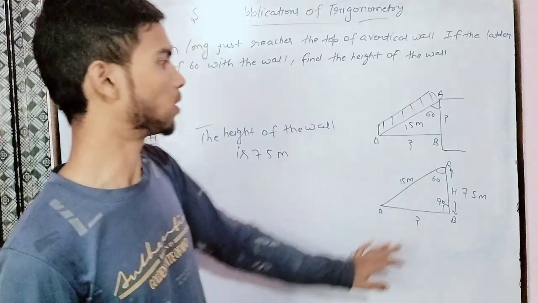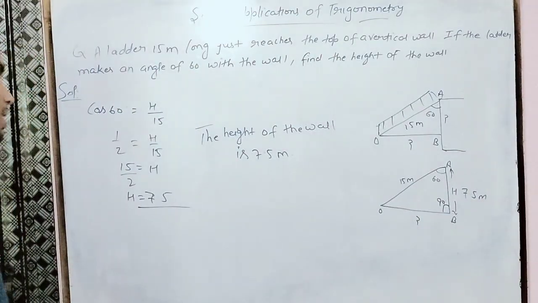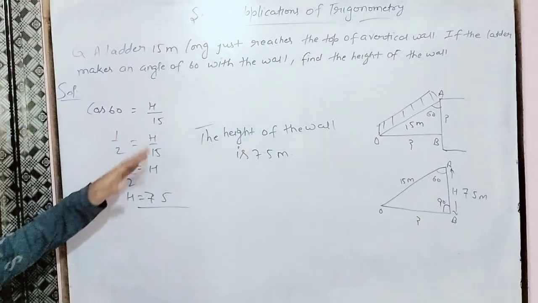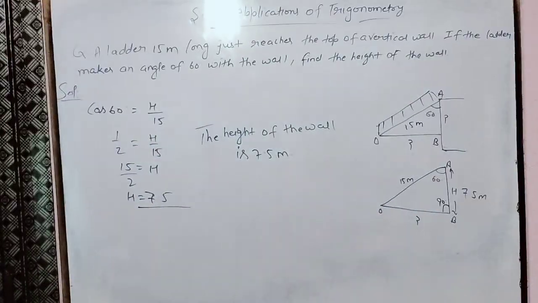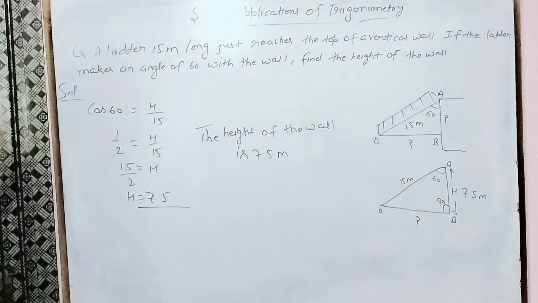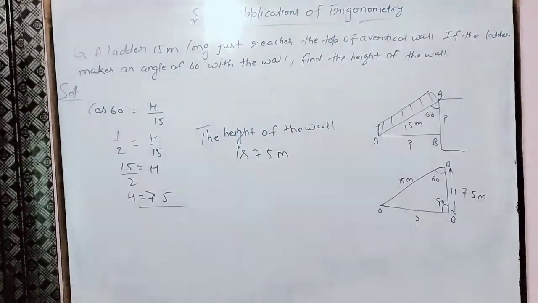Even if you put sec theta, you will get the same value. So after substituting the value in place of B and h, we simplify and we got h as 7.5, which is the height of the wall.